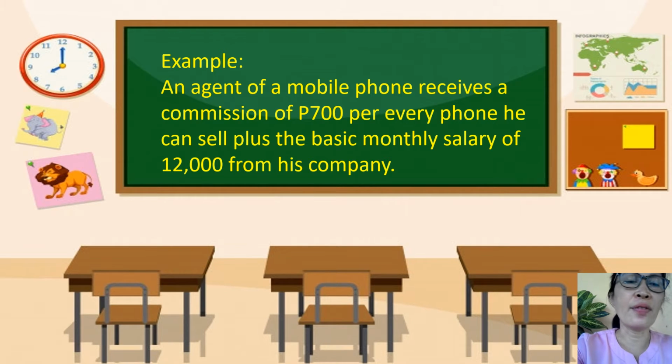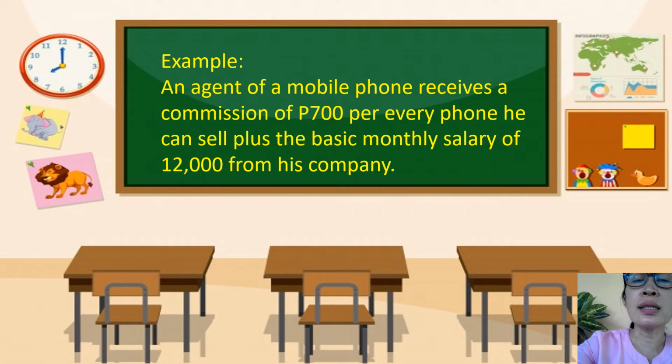A change in the value of the independent variable, say x, may cause an effect on the value of the dependent variable, say y, with respect to the slope and intercepts. Let us consider this example. An agent of a mobile phone company receives a commission of 700 pesos for every phone he can sell, plus the basic monthly salary of 12,000 from his company.